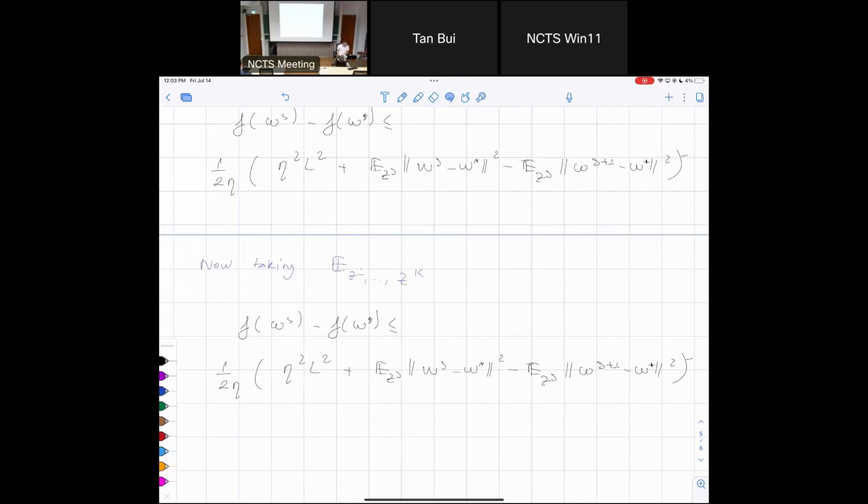Okay, so if we take the expectation on both sides, then of course what I have is the expectation, and then let me make a short notation. Instead of writing Z_1 to Z_K, I'm just going to write Z here, with curly brackets for everybody there, right?